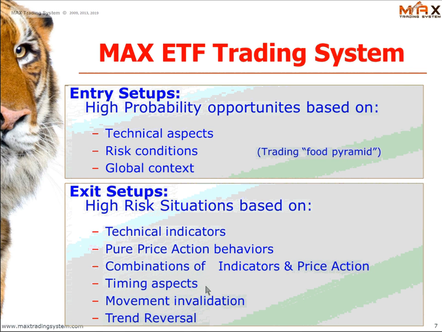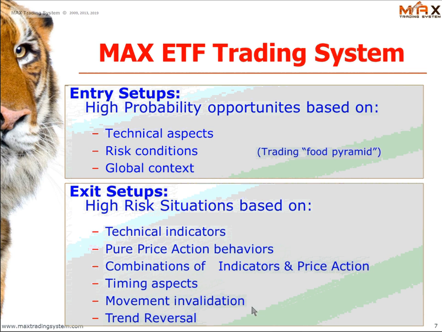We consider also some timing aspects, especially when we use small time frames, when we trade with the 5-minute time frame, the 15-minute time frame. You all know, for example, that when we day trade during the European session, the London close is an important event along the day when many positions are closed by the big boss. And so this is an example of a timing aspect.